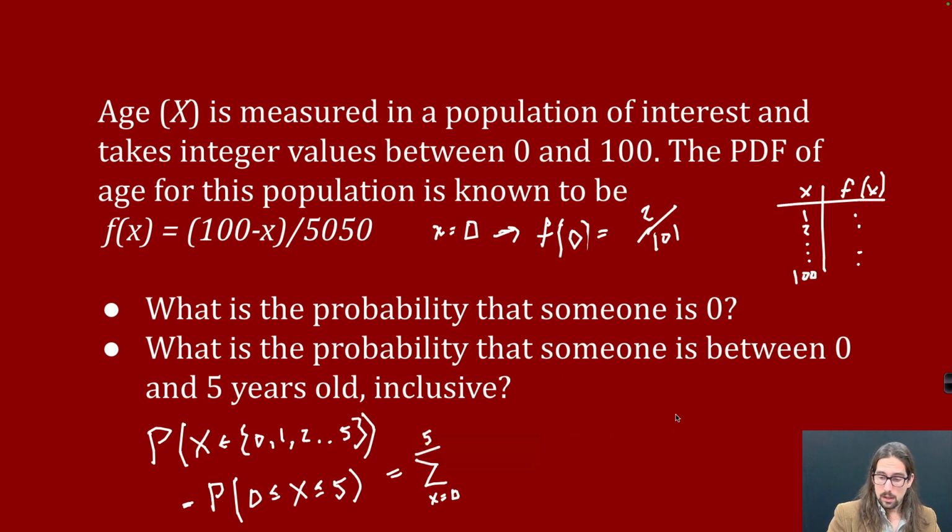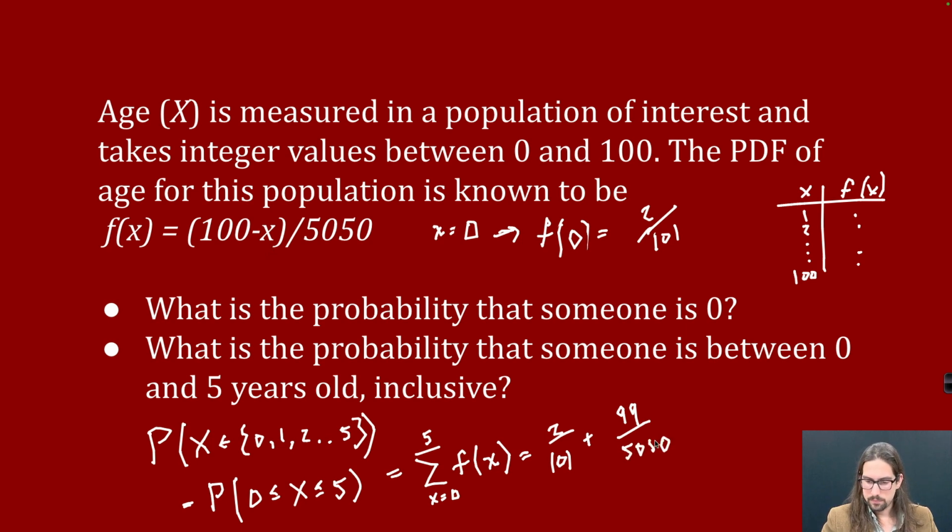Anyways, we know that all we're doing is adding up the values of the density at each of these inputs. So concretely, the first one is that 2 over 101, and then the second one is going to be 99. Why? Because it's 100 minus 1, over 5,050.